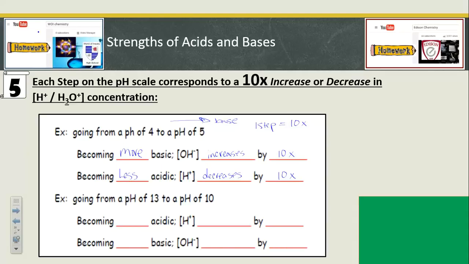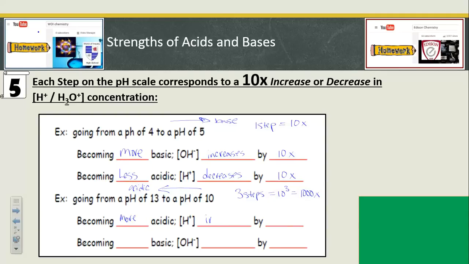So we have a pH change of 13 becoming 10. This is actually becoming more acidic. It's moving towards the acidic side by 3 steps, which equals 10 to the power of 3, which equals 1,000 times. So this solution is becoming more acidic.